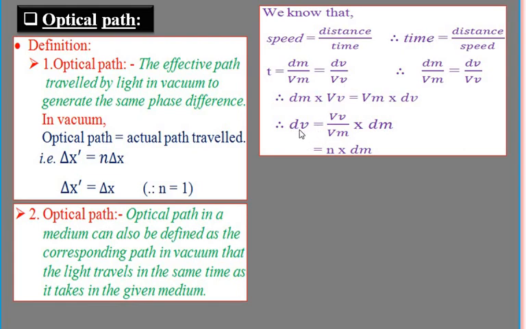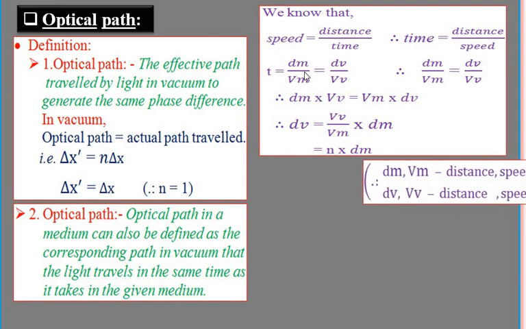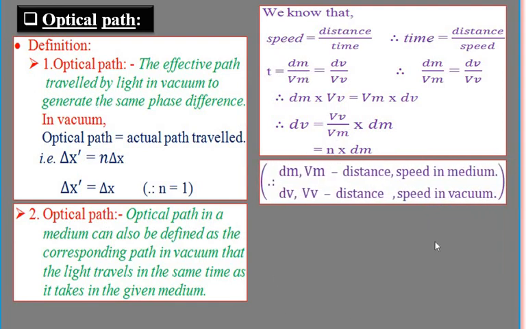Then we get dv = (vv/vm) × dm. This ratio of the velocities is called the refractive index. If we put the value of the ratio of the velocities equal to n, then we get dv = n × dm. Here dm and vm are the distance and speed in a medium, and dv and vv are the distance and speed in the vacuum.